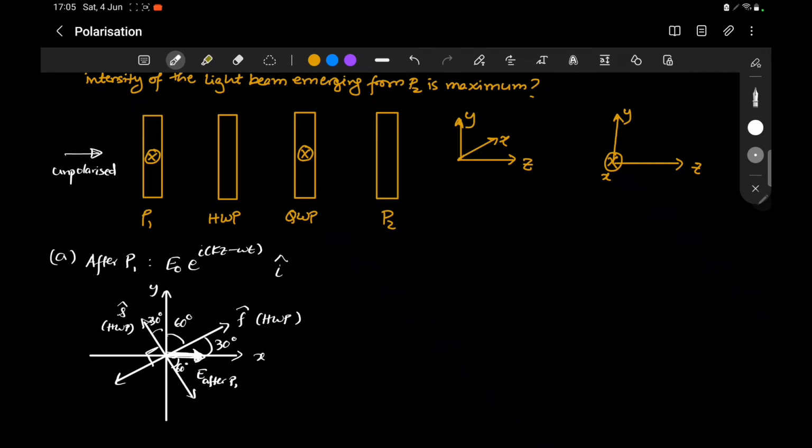So let us decompose this electric field after P1 along the fast and the slow axis. This is the slow axis, this is the fast axis.